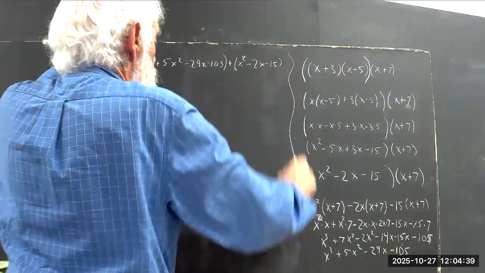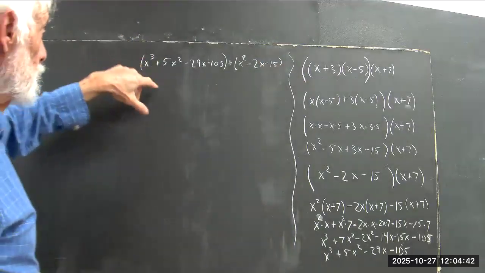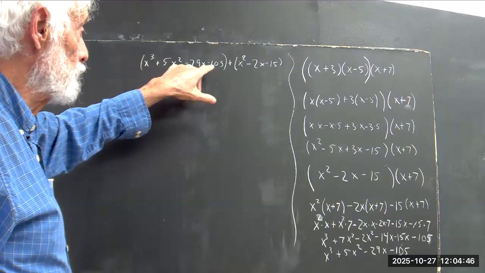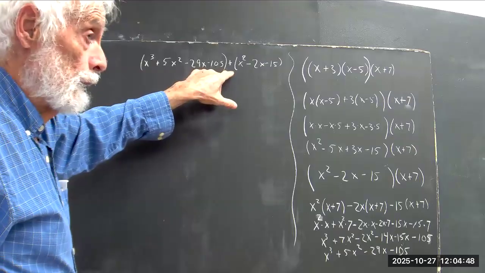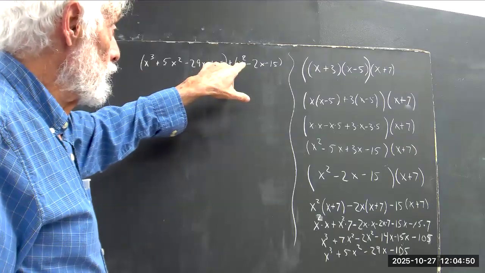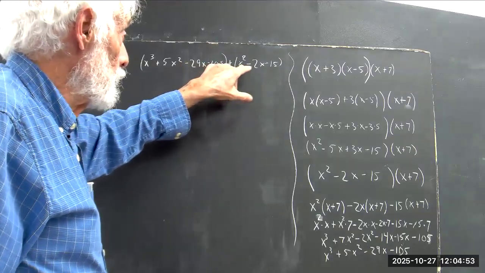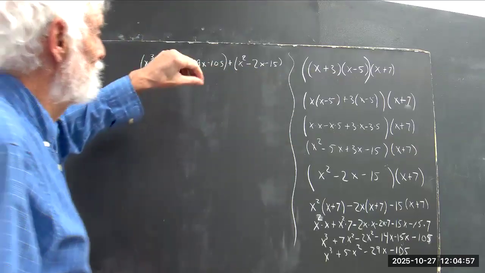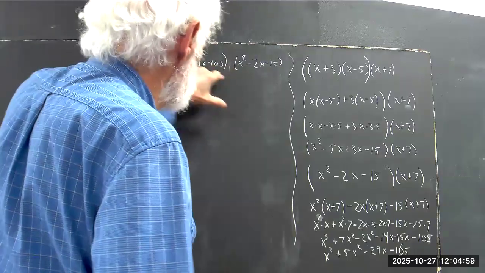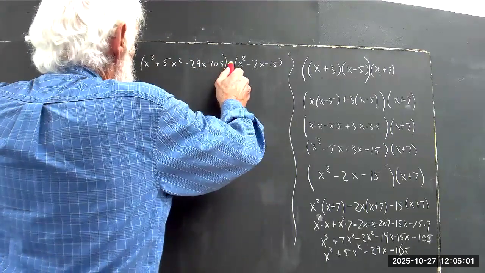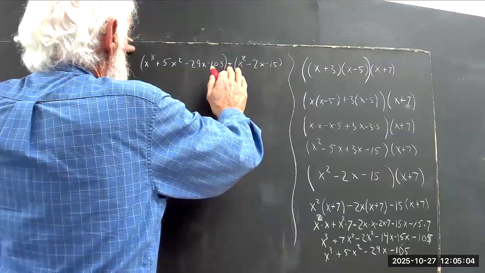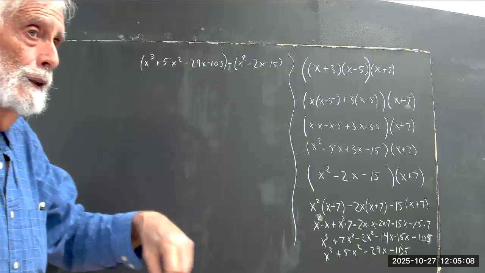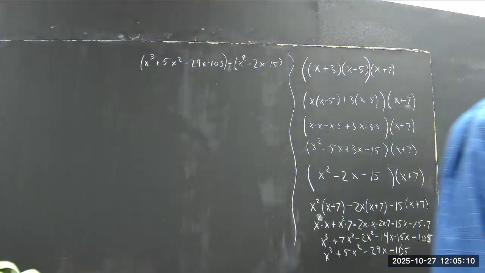Okay, so I have in parentheses x cubed plus 5x squared minus 29x minus 105. And then I'm adding the quantity in parentheses, x squared minus 2x minus 15. And just to make it a little more interesting, I'm going to do subtraction here. So it'll be a better illustration. Okay, so take a minute and see what you can do with that.